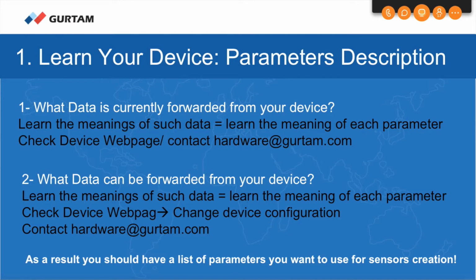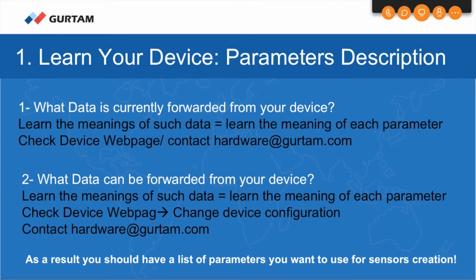But the second question here, the second question that should help you to reach the goal, to get the list of the parameters you want to use for sensors. So a second question you ask is, what data can be forwarded from your device? It's not forwarded now, but what data can be forwarded? And you're learning the meaning of such data, learning the meaning of each parameter again.